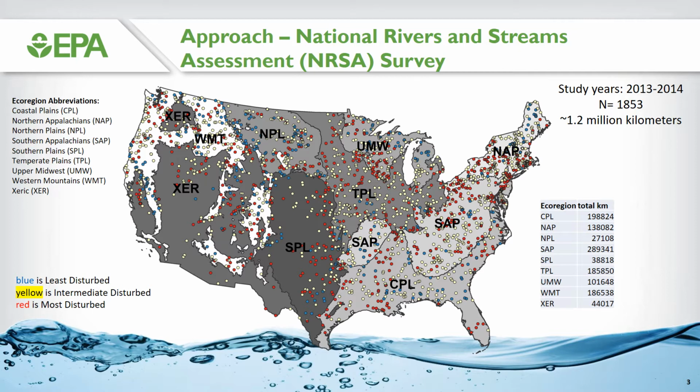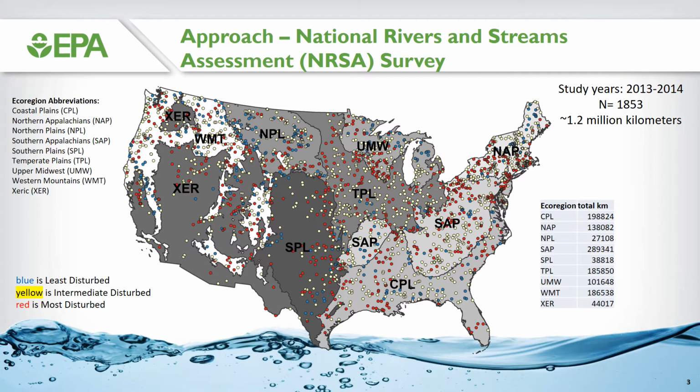The 2013-2014 cycle of the NRSA included 1,853 sites to represent 1.2 million kilometers, which is possible because the survey is a stratified random design to produce balanced sampling across the country. Each selected sample is assigned a weight to represent a given number of river or stream kilometers. This slide shows the boundaries for the 9 ecoregions in this study.